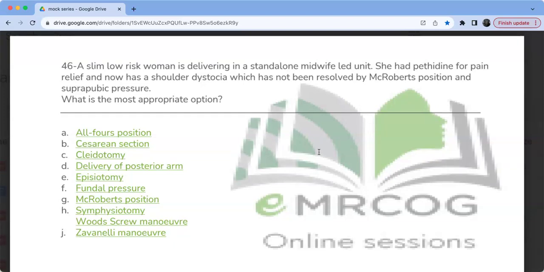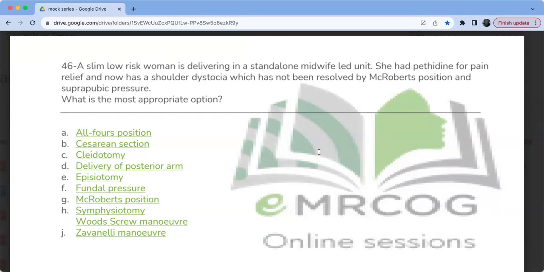But he wrote here that the patient is slim and she is low risk and she is in the midwifery unit. So choose an option with less intervention because she is in a standalone midwifery unit.